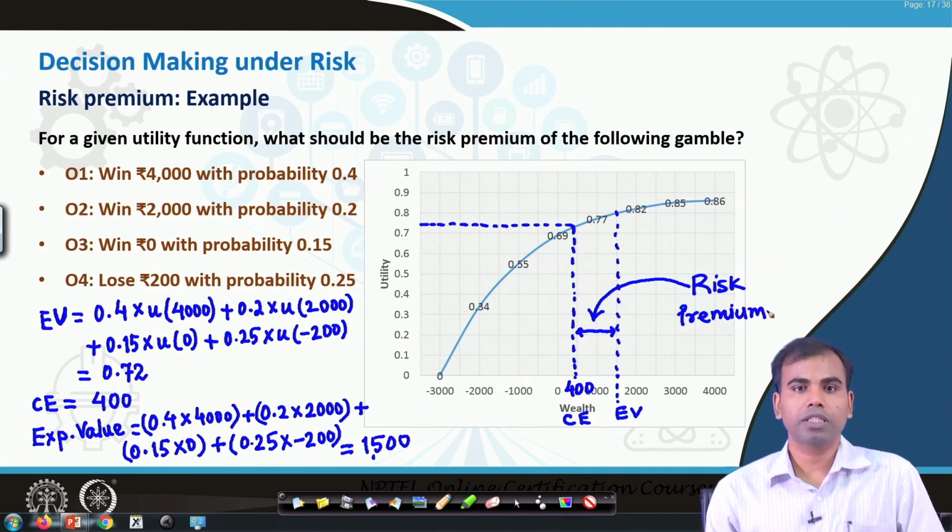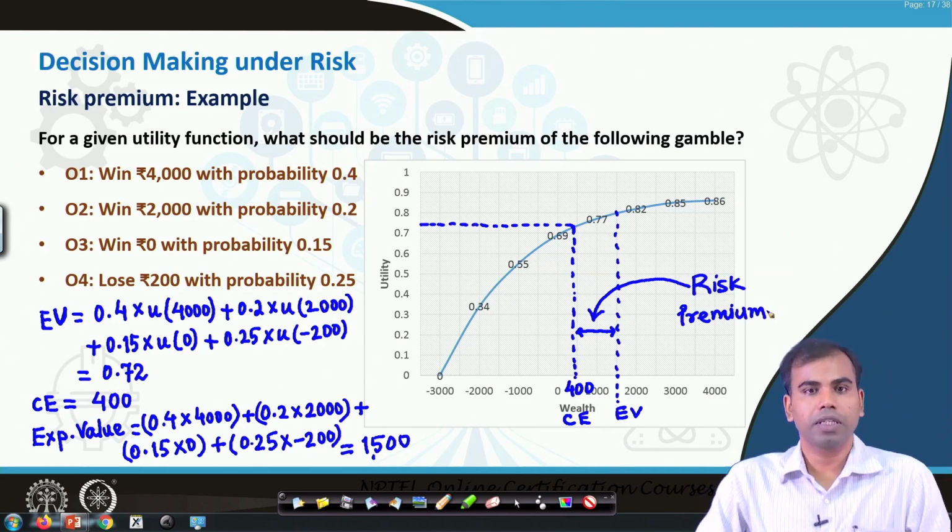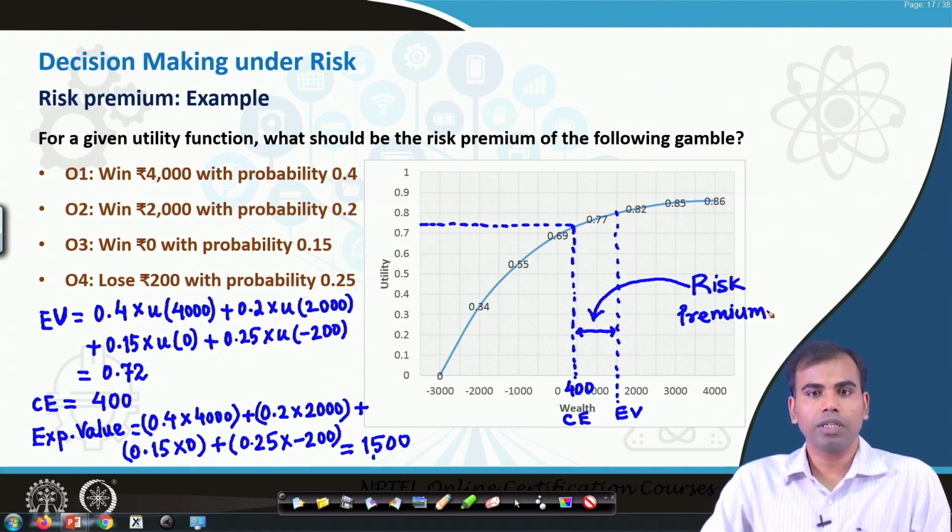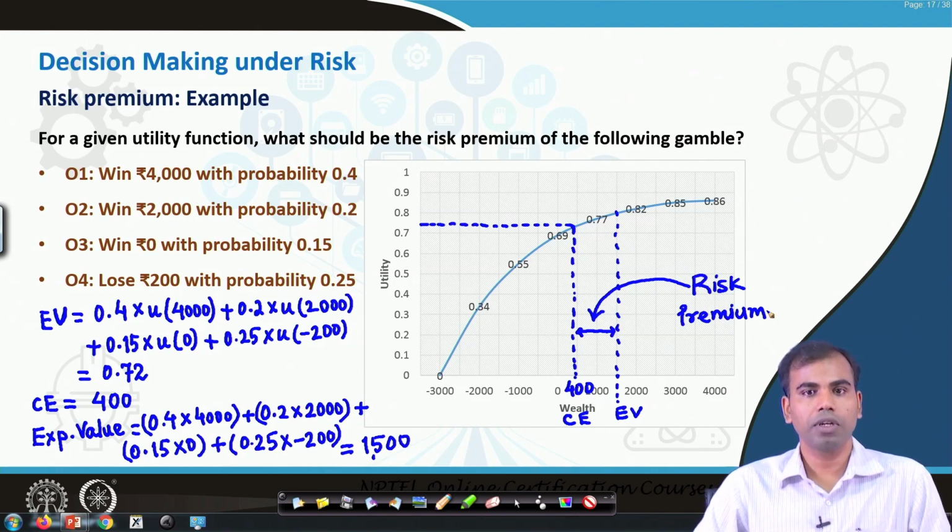So, this particular example helps us in understanding two things as mentioned earlier. One is how much should we ask for if you want to exchange or trade this particular gamble right now, and the answer is certainty equivalent value is 400. So, 400 should be the price of this gamble if you want to trade it right away.